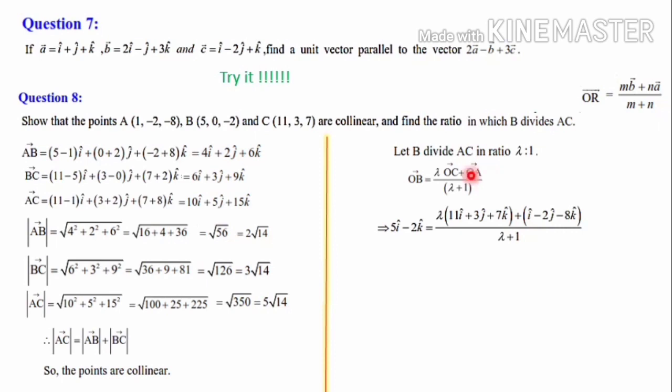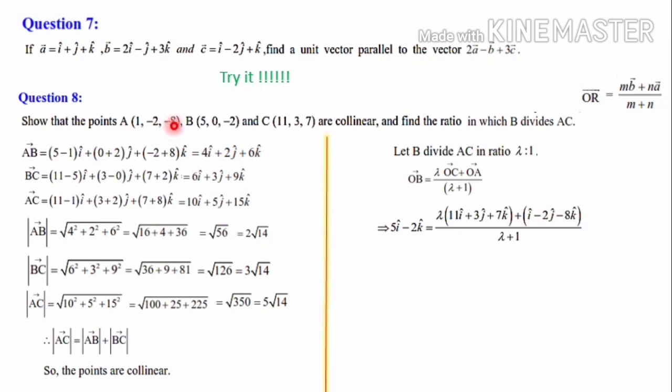Here as before, O is (0, 0, 0), then A is (1, -2, -8). The second coordinate minus the first one, A being the second one: 1 minus 0 is 1, that is i cap. Minus 2 minus 0 is minus 2, so minus 2j cap.